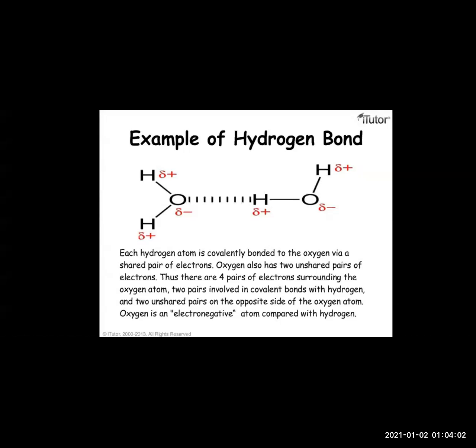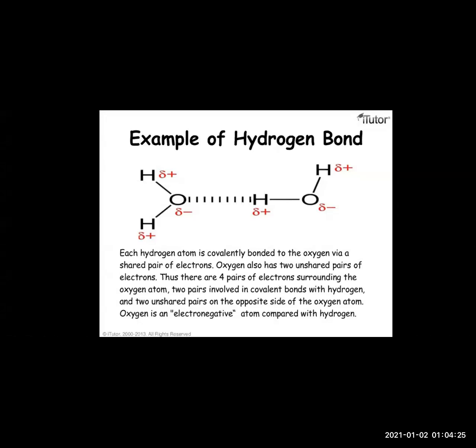When the oxygen has two shared pairs of electrons, what happens? It gives one positive hydrogen to the negative oxygen atom. So this type of sharing is called hydrogen bonding.